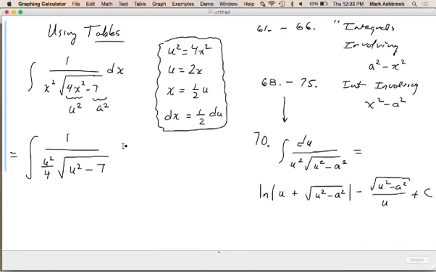And then dx is 1/2 du. So we're one step away. It has to look exactly like this in order for us to apply the formula. So what do we have? We have a 1/2. We're going to pull it out. But 1 over 4 in the denominator, so that's just really like multiplying by 4, right?